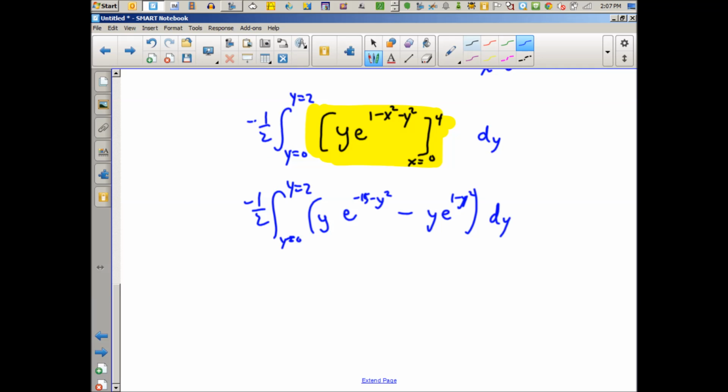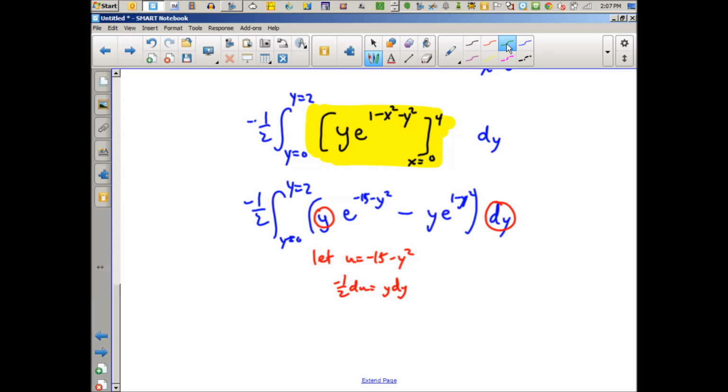This is the boring part, though. You're not going to be able to combine these in any meaningful way, but you can integrate them both using u sub again. On the first one, you want to let u be negative 15 minus y squared. So negative 1/2 du is y dy, and you do have a y dy there.